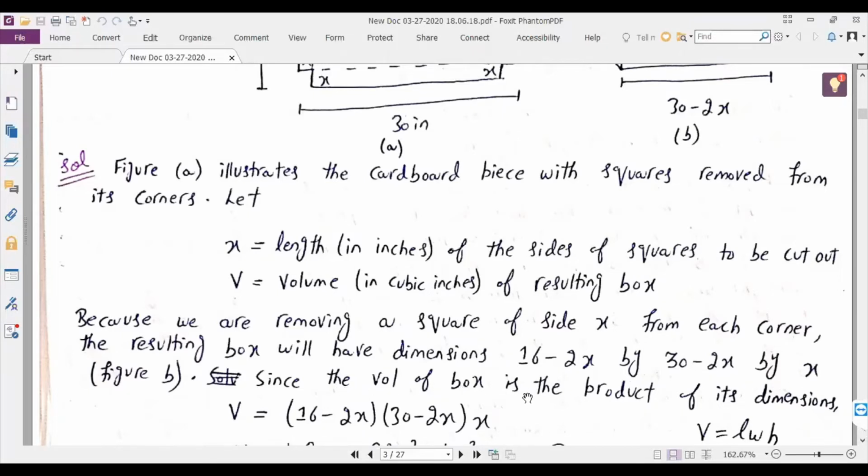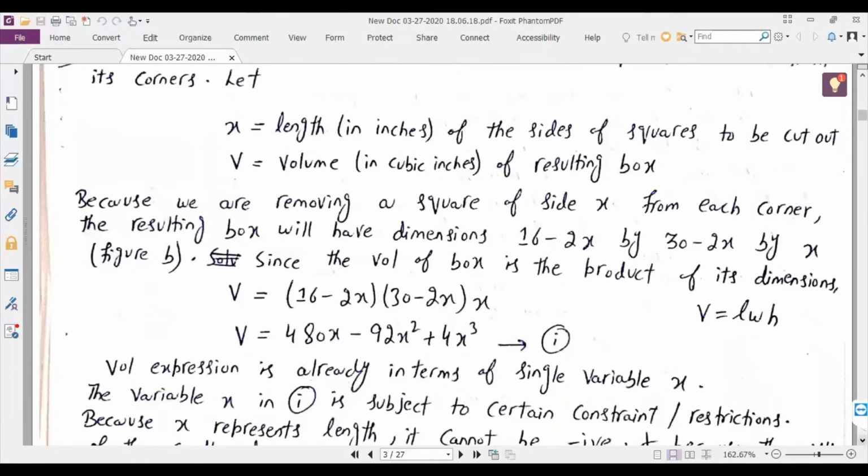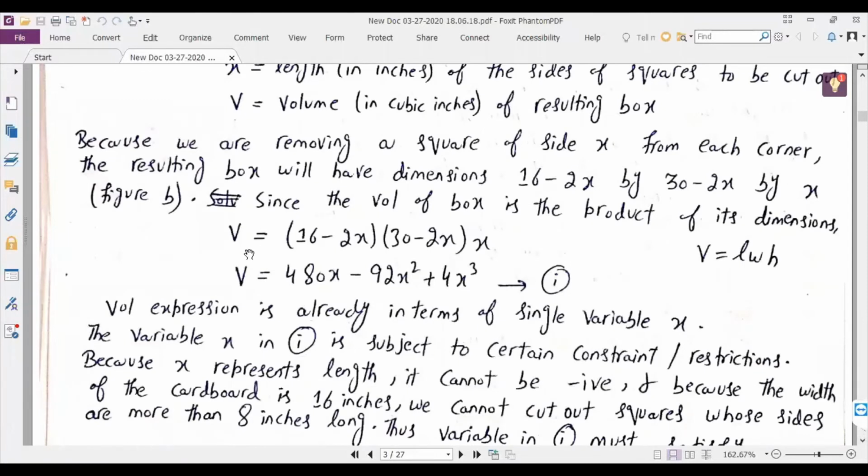Since the volume of a box is length times width times height, V = (16 - 2x)(30 - 2x)x, multiplying all of them, we get this expression.